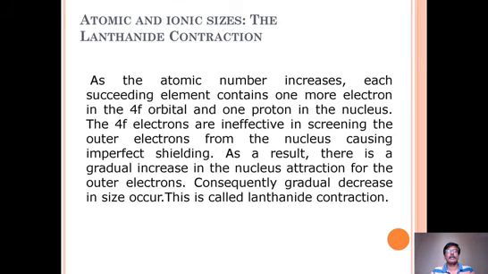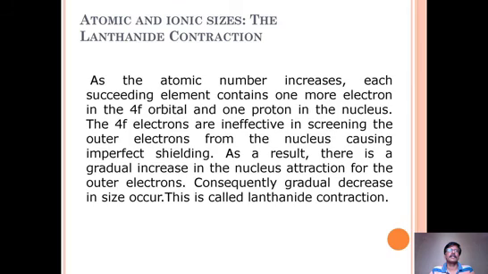generally we know that as the atomic number increases, each succeeding element contains one more electron, isn't it? So naturally, there is one more proton in the nucleus. Generally, with increasing electrons, when you go to the right side in the period, as the number of electrons increases, the nuclear charge also increases.